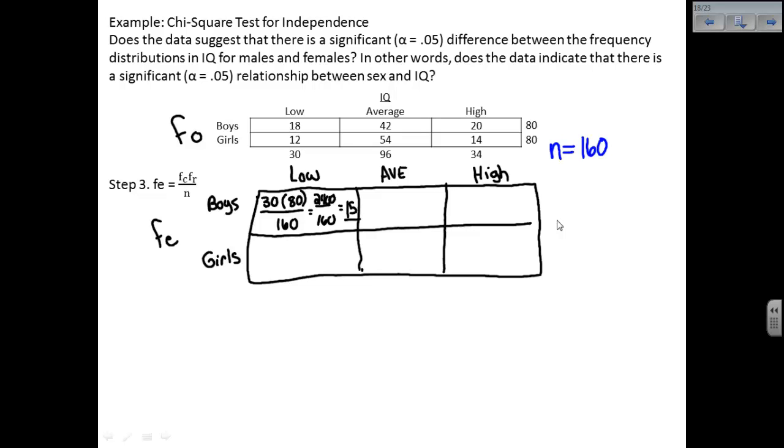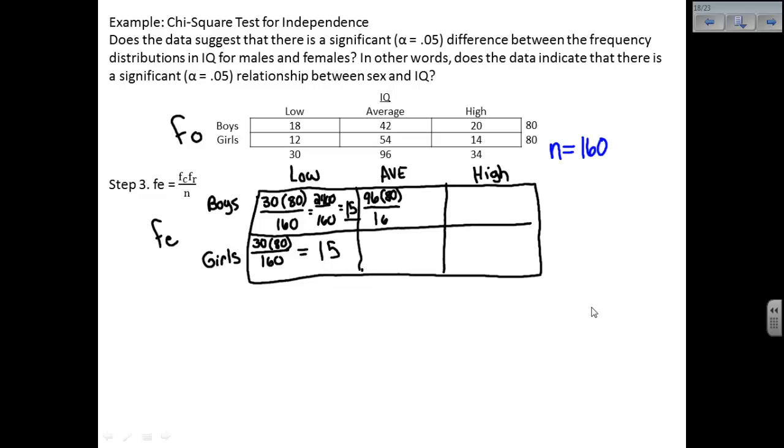Now here, we're going to have the same situation because we've got the same number of girls as we do boys. And we already know that that's 15. So the next one, the frequency column. So the total number of people in our sample with an average IQ, because now we're moving on over here. So we're looking at this column, 96. And if we're starting with boys with an average IQ, there's 80 boys.